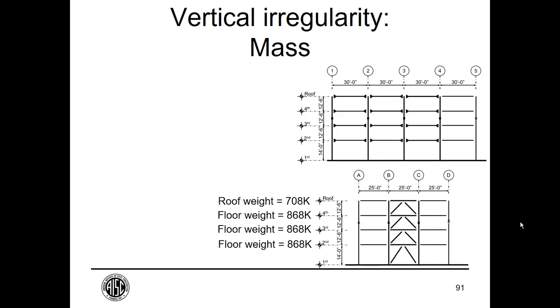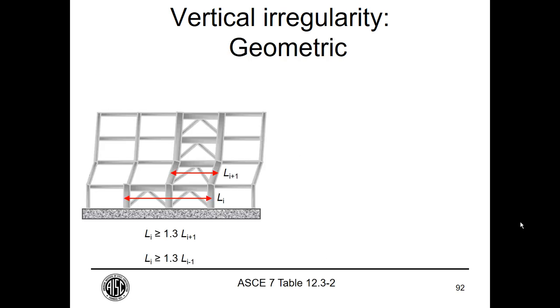We look at our story forces or our story masses, story weights, and it's clear that we don't have that 150% bump. So we don't have that irregularity. There's a geometric irregularity. That geometric irregularity is a change in the length of the lateral system.